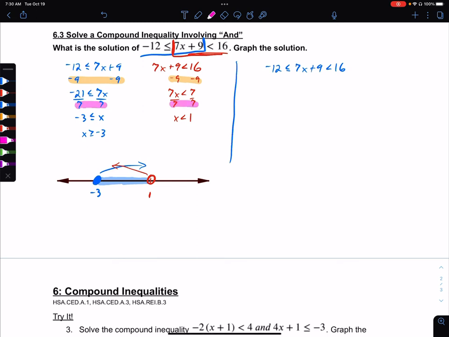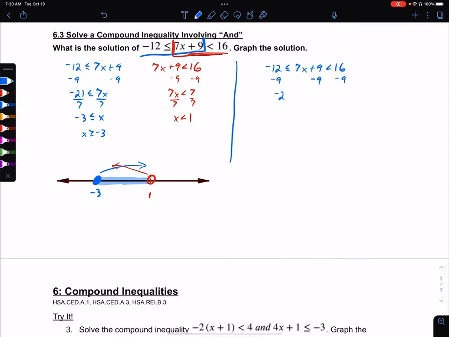So your steps of isolating x are going to be the same in each part of this compound inequality. So instead of separating them, I can subtract this 9 from all of the parts, the middle, the right, and the left side.